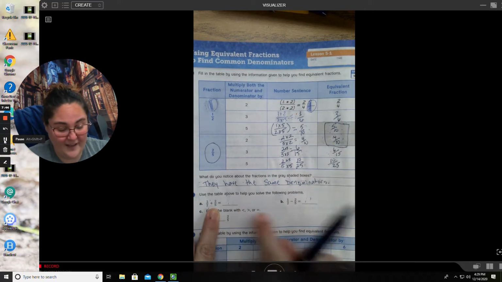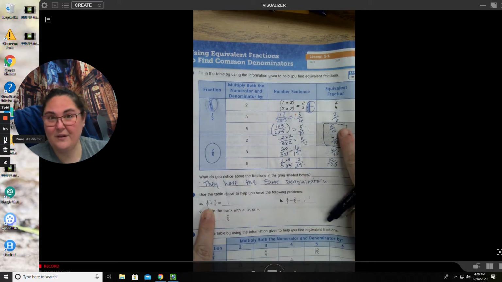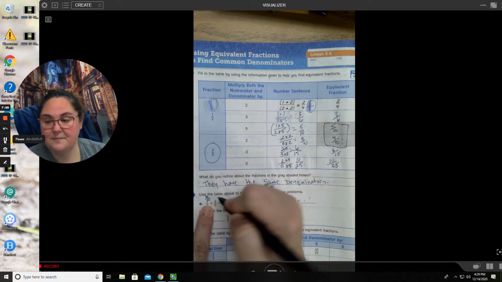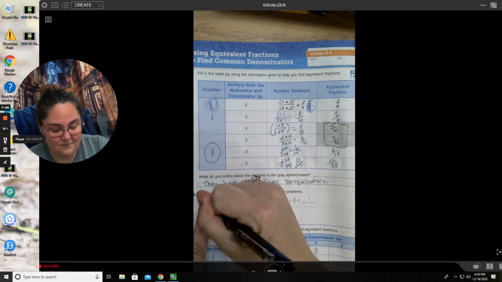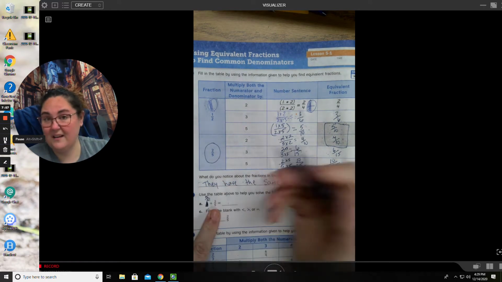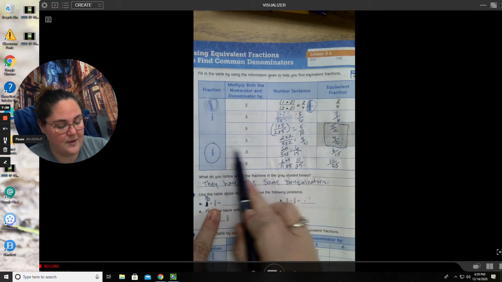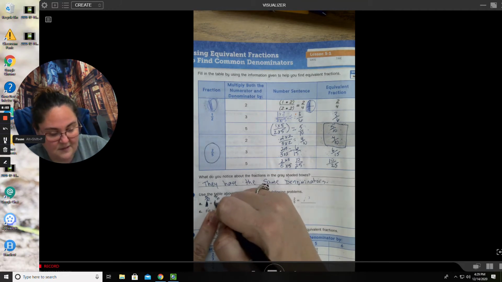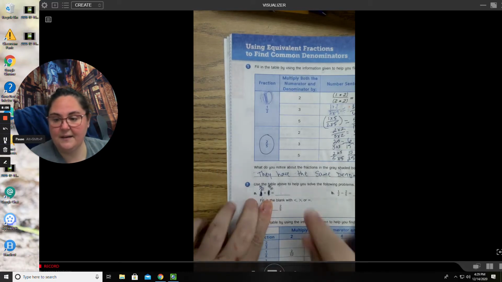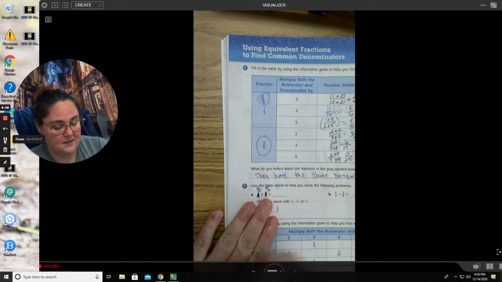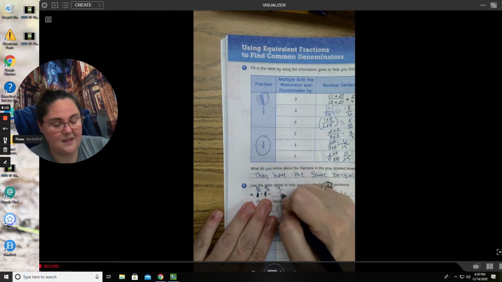So wherever I see 1/2, I'm going to write 5/10. The other name for 2/5 is 4/10. Now the problem says I'm going to add 5/10 plus 4/10 is 9/10.